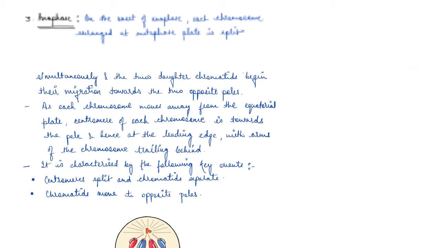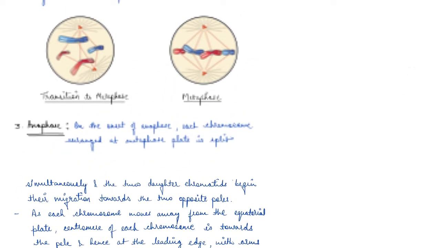And the two daughter chromatids which are present are now referred to as chromosomes of future daughter nuclei. So they start migrating towards the opposite poles. Now what we saw in metaphase is that the chromosomes are arranged on one plate.